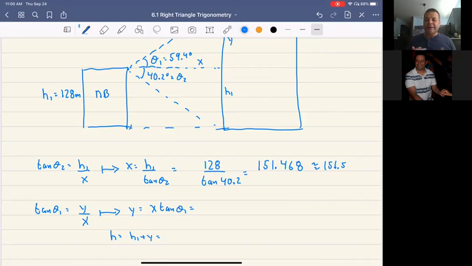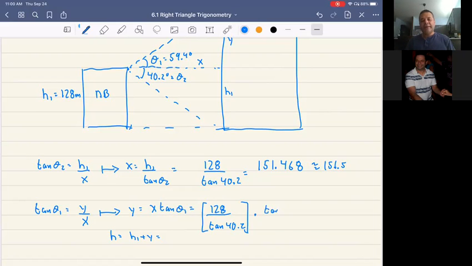Okay, now I'm going to be a little bit extra with my saying, hey, let's not use any numbers we don't know. So I'm going to take this answer. I'm going to say, okay, y equals, I'm not even going to write out x. I'm going to write 128 divided by tangent of 40.2. That's my x. Times tangent of 59.4.